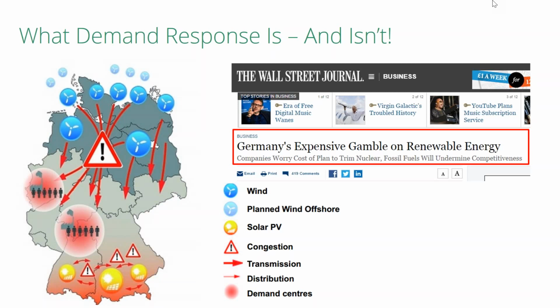And the same in the southern part of the country, where the high amount of PV connected to the distribution grid is creating over voltages and causing stability problems at distribution network level. So that's why it's so important to involve the demand side of the system into the system optimization and operation.